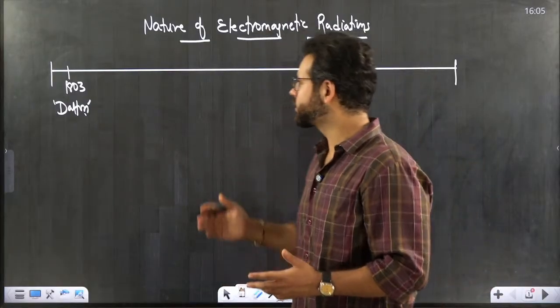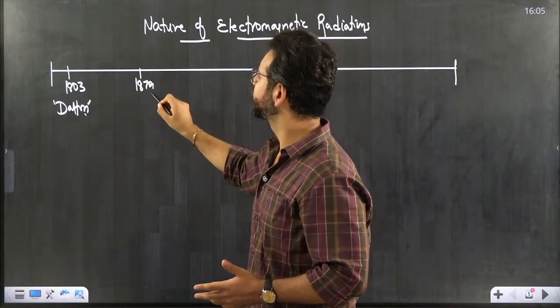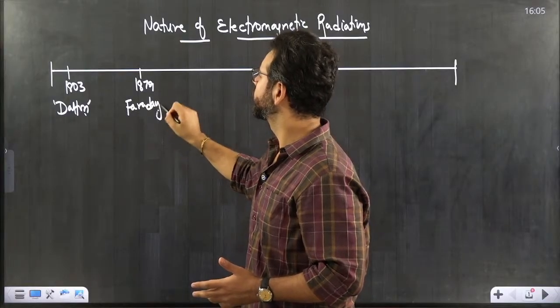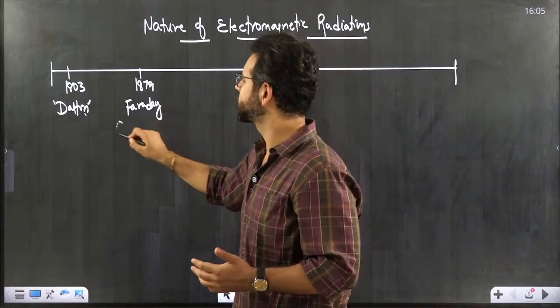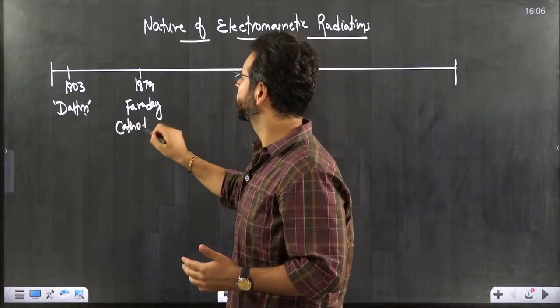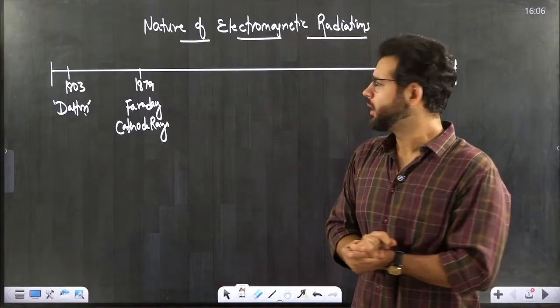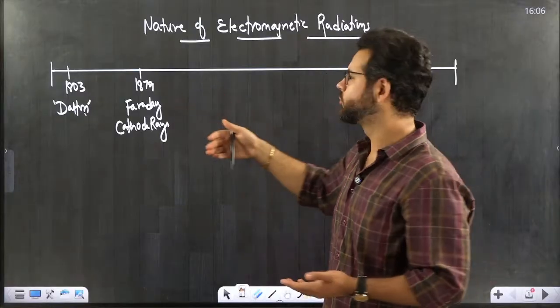Too much time passed. Around 1879, first time Faraday could generate electricity out of the gas, and he discovered the cathode rays. Cathode rays, right? And around a similar time anode rays were found in 1886 and so on.